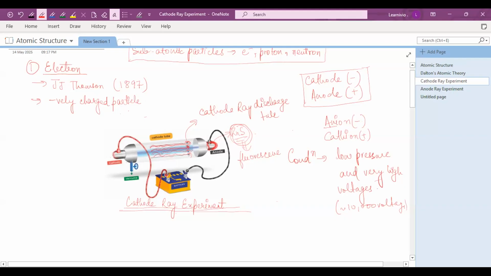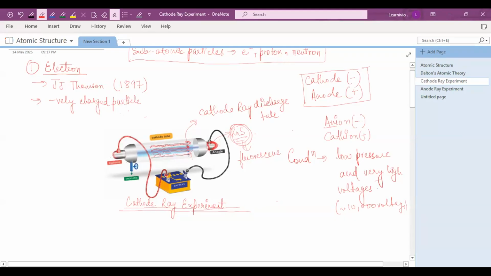But these particles are invisible particles, right? So how could J.J. Thomson observe that? So he just perforated this anode. He just made holes in this anode, right? And behind this anode, he coated it with a phosphorescent material, which is zinc sulfide, right?